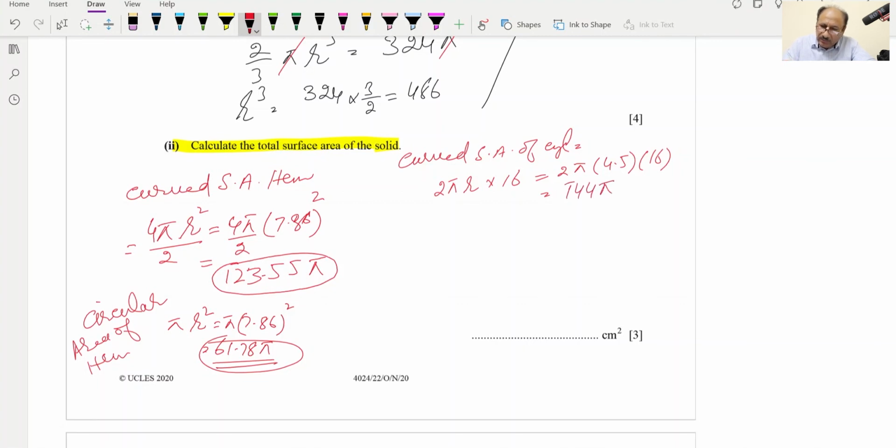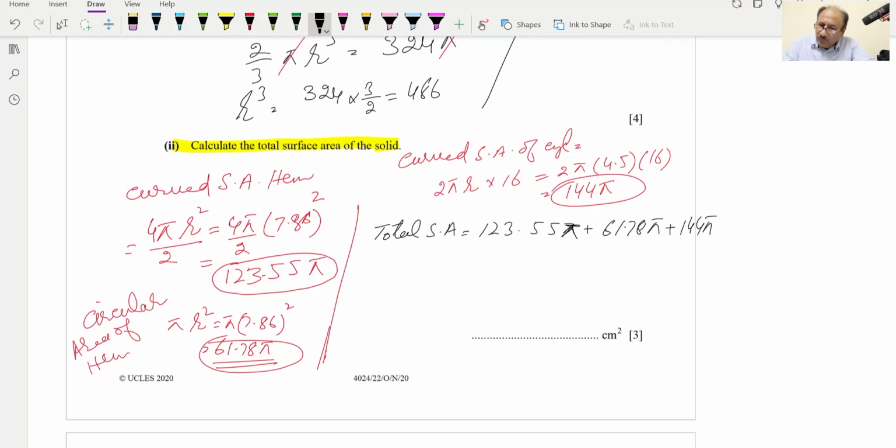Now we can add these three numbers. We can write total area. So the total surface area is equal to 123.55 pi plus 61.78 pi plus 144 pi.